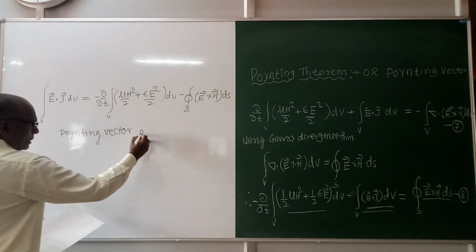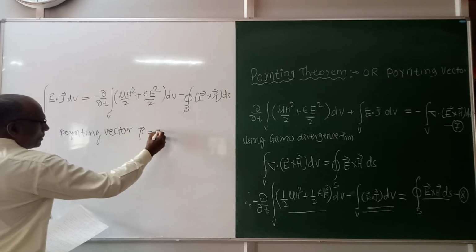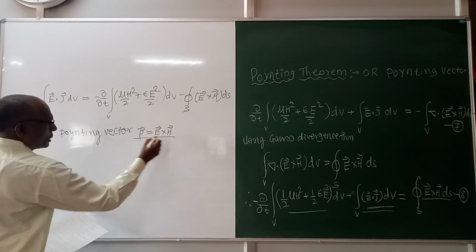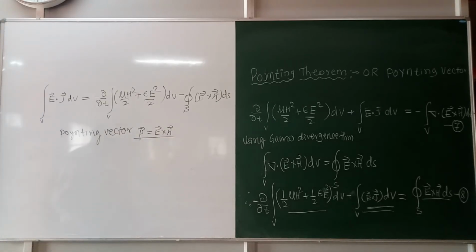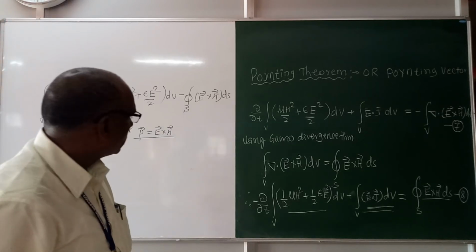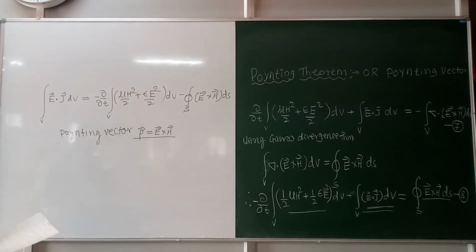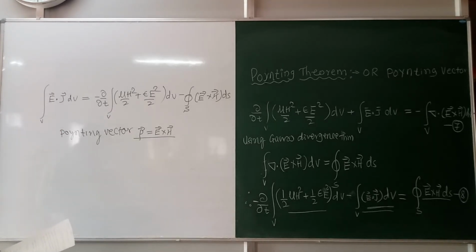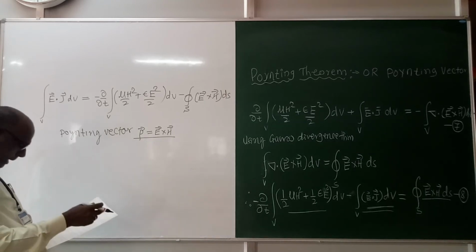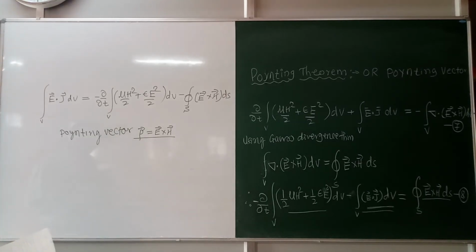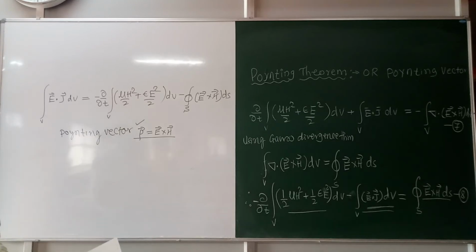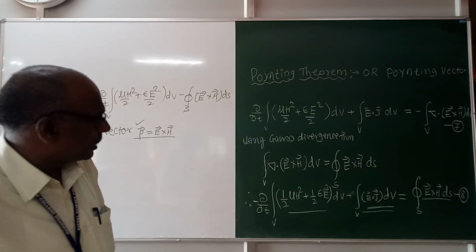Many times they ask it as Poynting vector. P is equal to E cross H, and you have to say this same thing in words. So let me repeat here. The rate at which energy is transmitted through unit area perpendicular to the direction of propagation of energy is called the Poynting vector. Let me solve a simple example based on this.